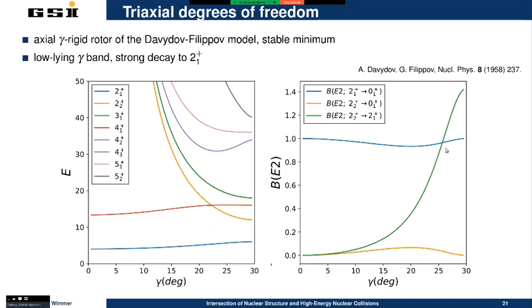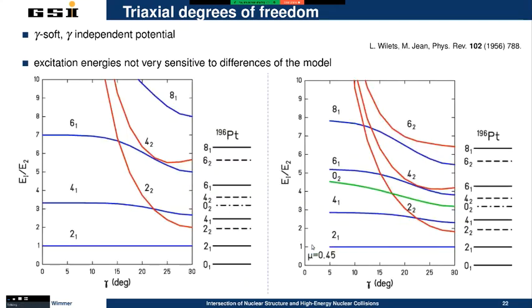So by looking at these two properties, you can again take simple observables, the excitation energy spectrum or B(E2) values, and try to assess the gamma degree of freedom. But there's one issue. There's a second simple approximation of triaxial deformation, where the potential is independent of the gamma degree of freedom.